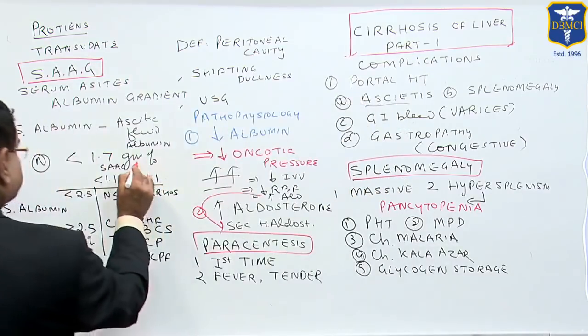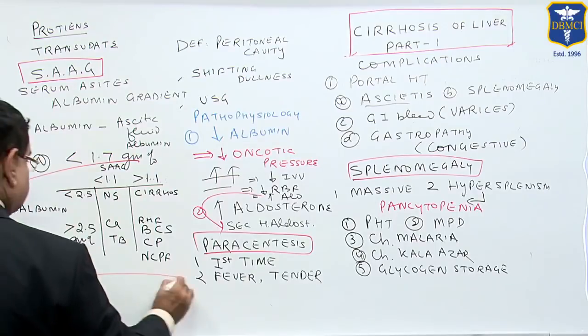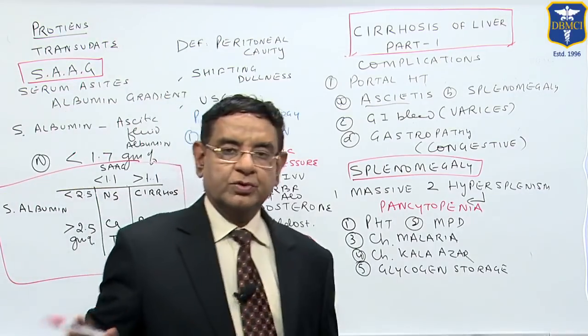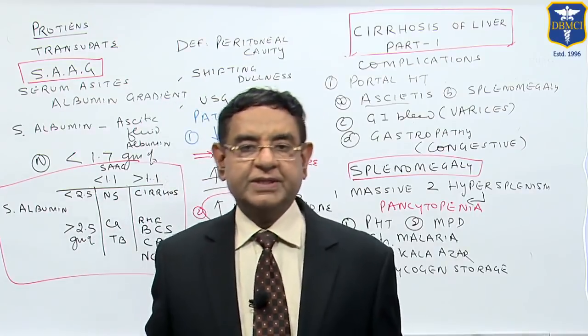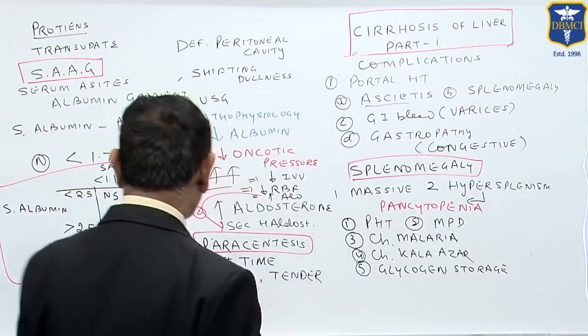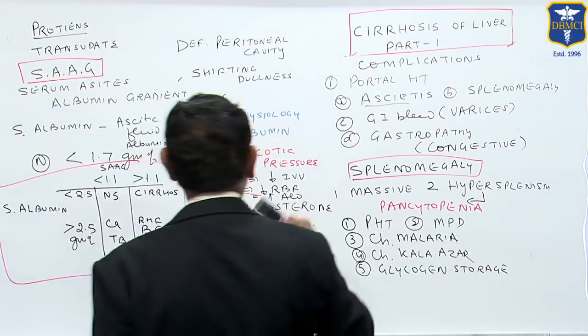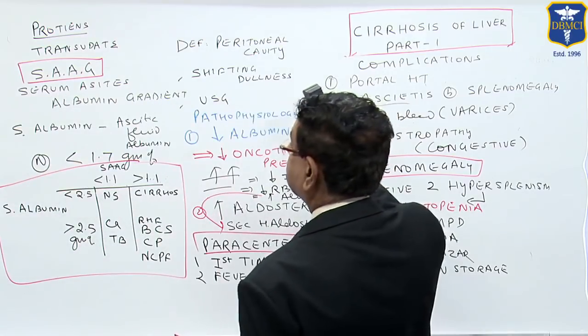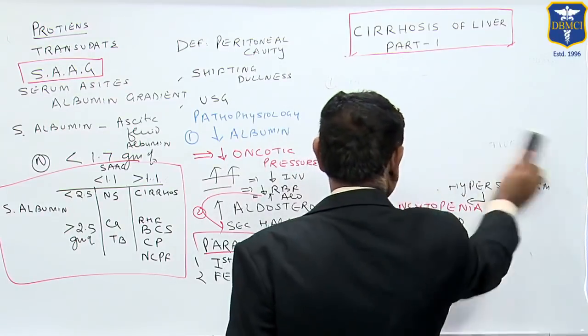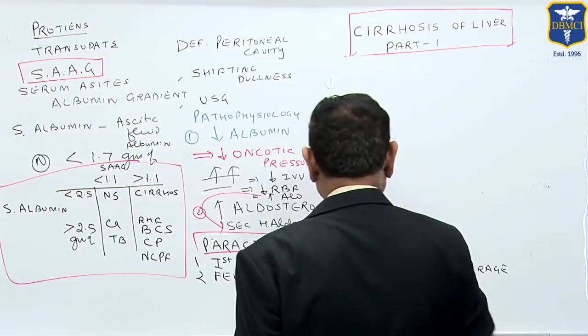Okay. So, we got the reason that in this you are getting a transudate and we are getting all the information. How to manage this case of ascites?